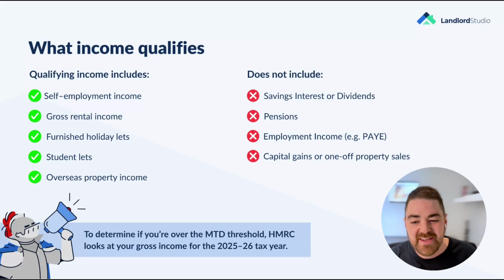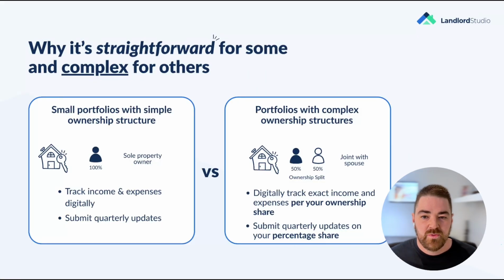But whatever the reason, and whether you like it or not, MTD is coming. And if you are earning over the threshold in qualifying income in that tax year, then you do need to be compliant. So why does it seem straightforward for some and complicated for others?